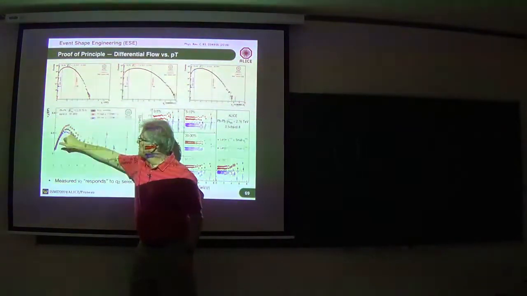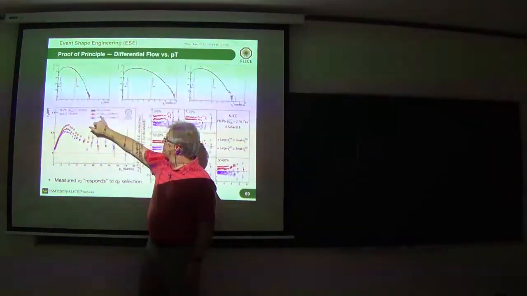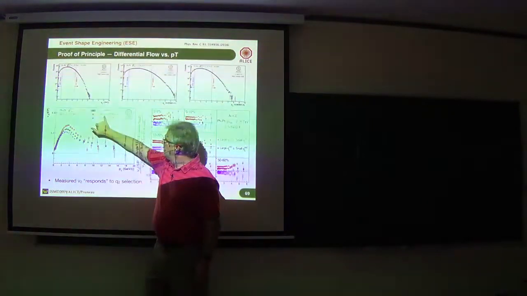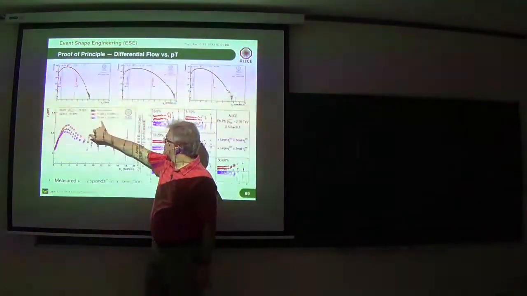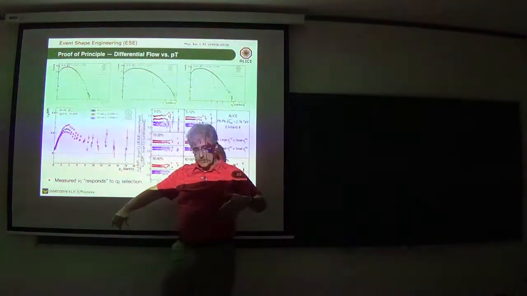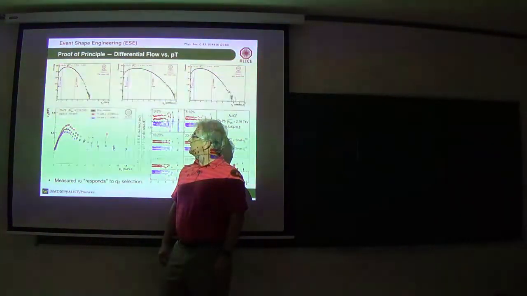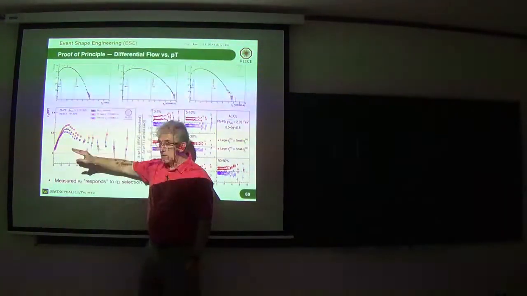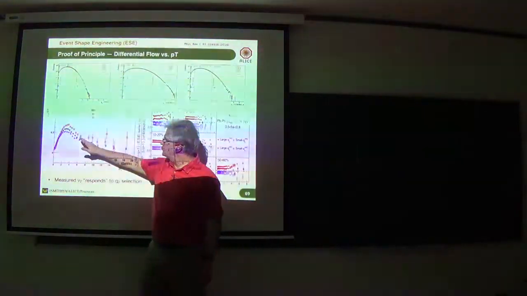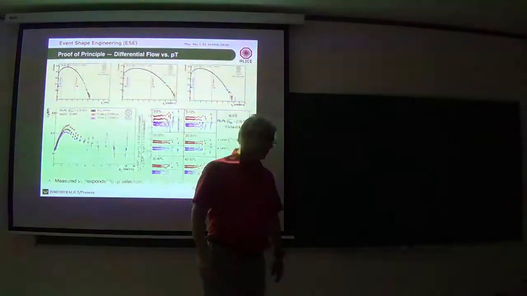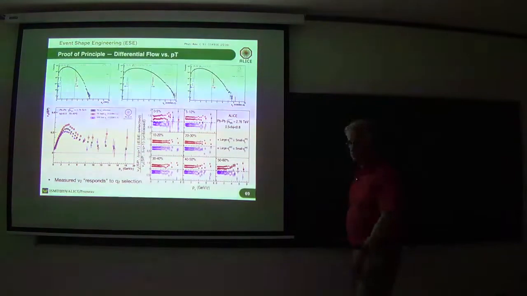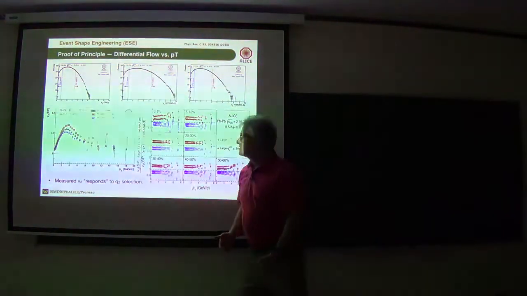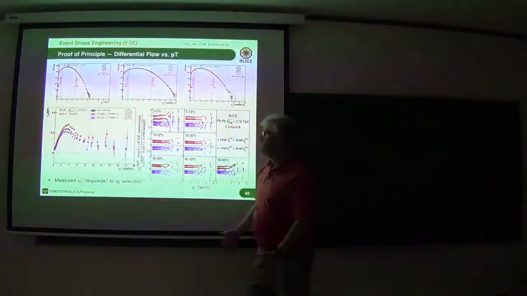The black points are no selection. The red points are the top Q2 range. The blue points are the bottom 10% Q2 range. So you see that by selecting larger Q2, you indeed increase the V2. In some sense, it's built in. You make it this way.